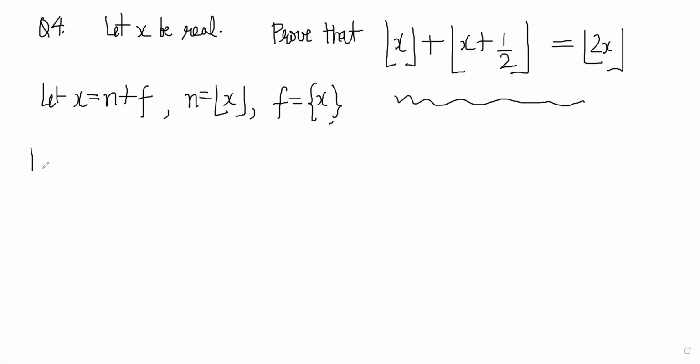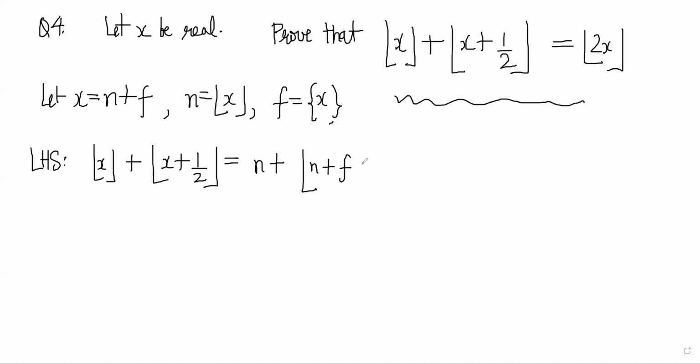Now, if you look at the LHS, we have GIF of x plus GIF of x plus half, which is equal to n plus GIF of n plus f plus half, right? Now, this will become n plus n, because n is an integer, it comes out, plus GIF of f plus half.